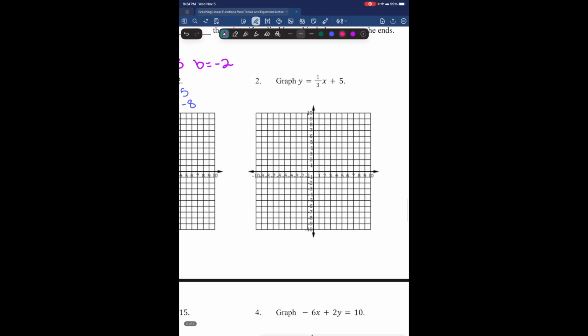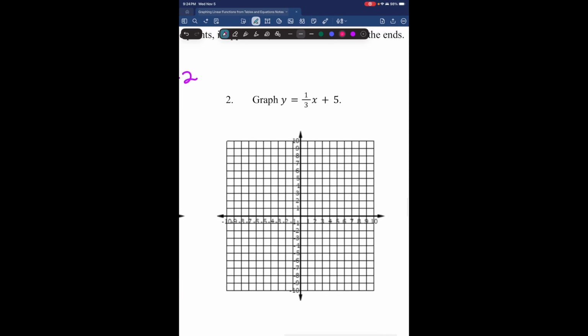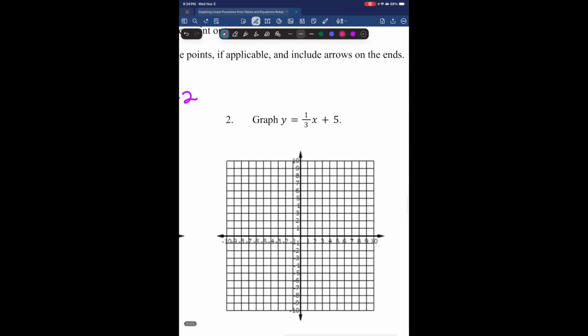Now we're going to do number 2. For this one, I know my slope, or m, is 1/3, and my b, or y-intercept, is 5. Every time I move horizontally 3 spots, I'm going up once.